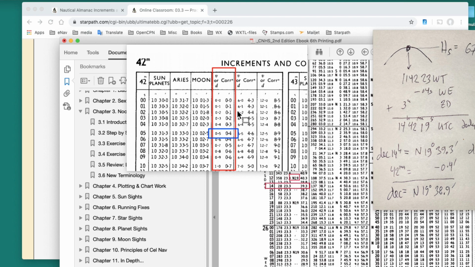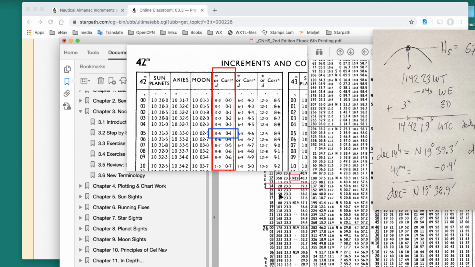So all this table is doing is what's very famous in celestial navigation. We don't ever have to multiply. Lord knows we never divide. We never divide in anything. But we don't even have to multiply. So this interpolation, just trying to find out, it's north 19, 39.3 at 14 hours.